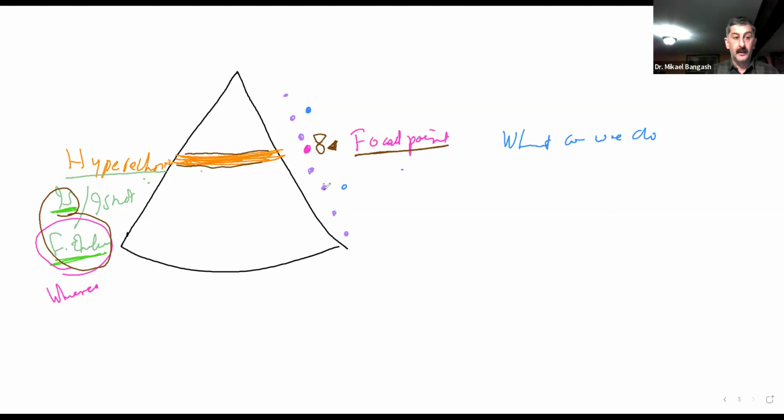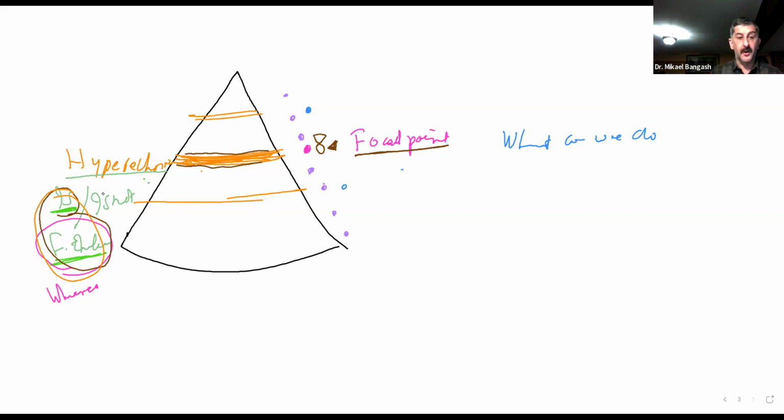Clear? If you moved the focal point and the enhancement appears down here, where my focal point is, then it is a focal enhancement.